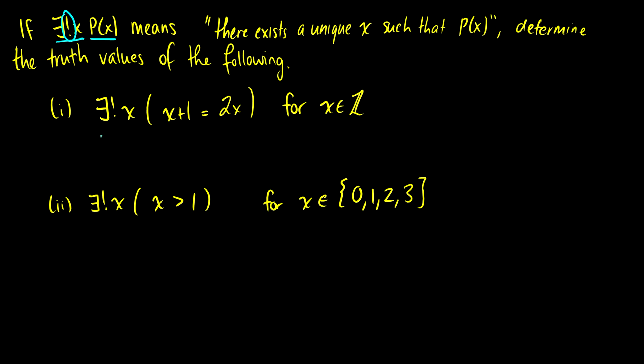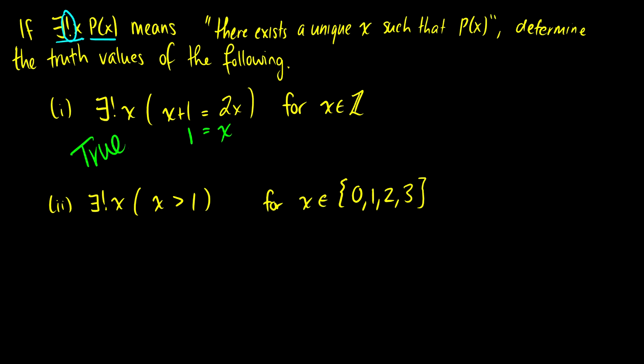So the first one says there exists a unique x such that x plus 1 is equal to 2x for x in the integers. So we can solve this and we can check. Okay, x plus 1 is equal to 2x. So we can subtract x from the right side, so we get 1 is equal to x. So the only solution here is x is equal to 1. So this means that there is a unique x, namely 1, such that x plus 1 is equal to 2x. So this first one is true.